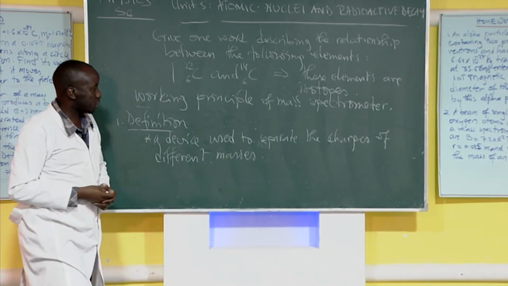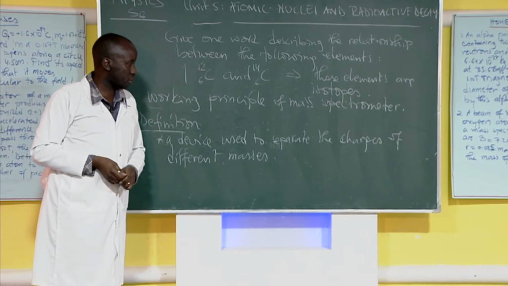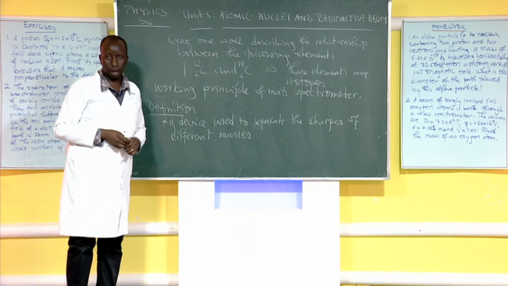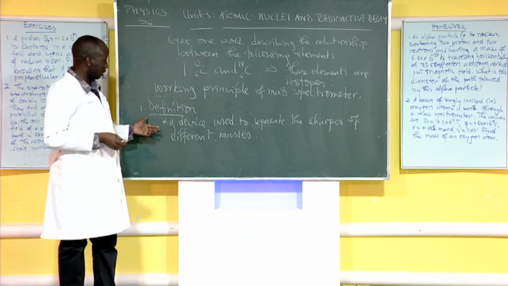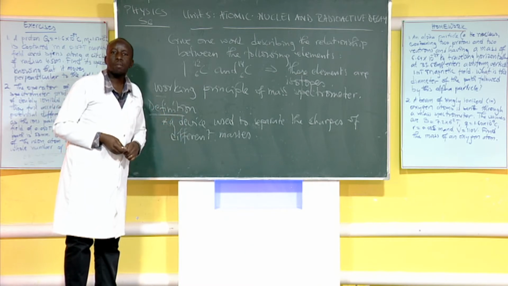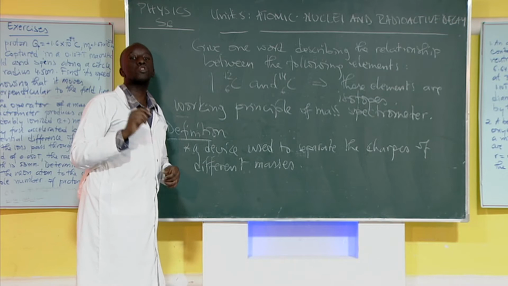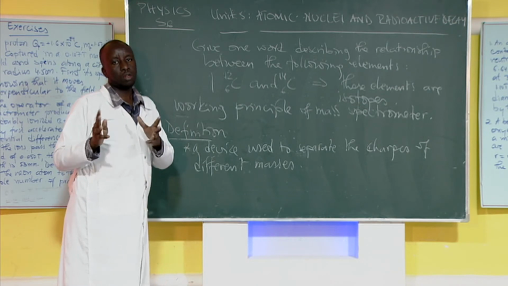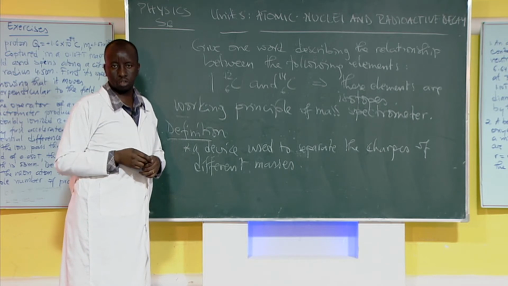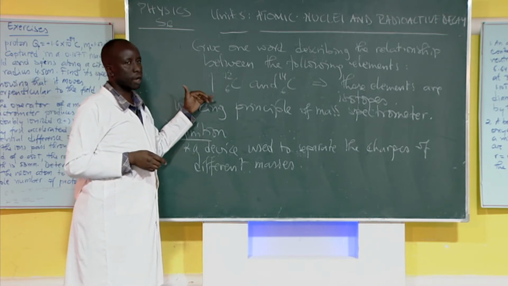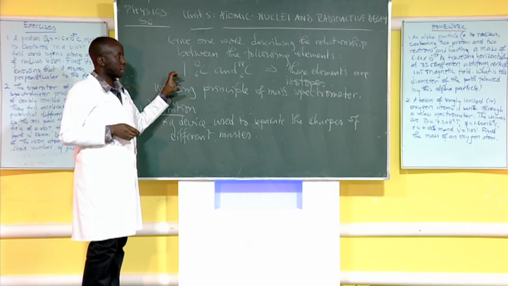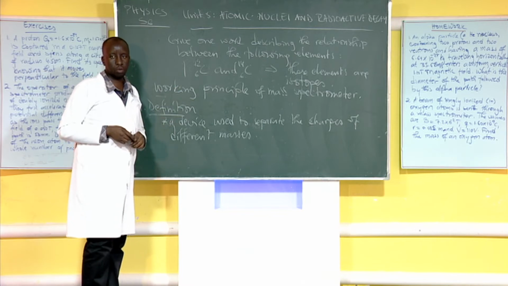But we can't only say a device used to separate the charges of different masses. There is another way that we can explain this mass spectrometer. A mass spectrometer is also used to explain the difference between two isotopes. That's why we had to introduce today's lesson starting with the word isotope.